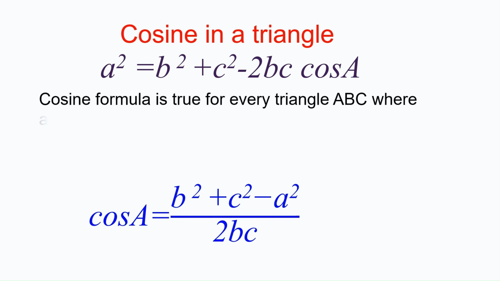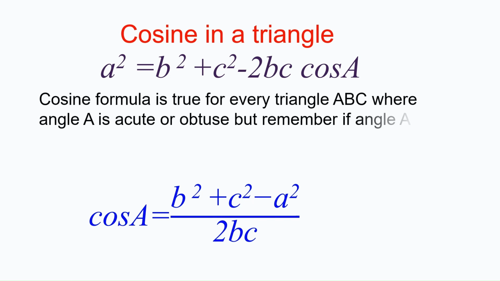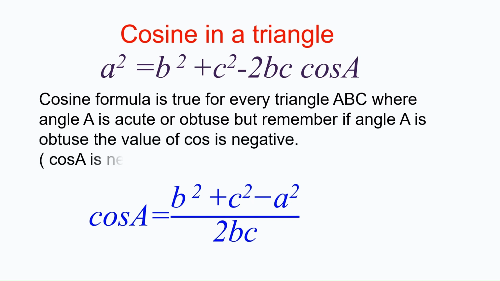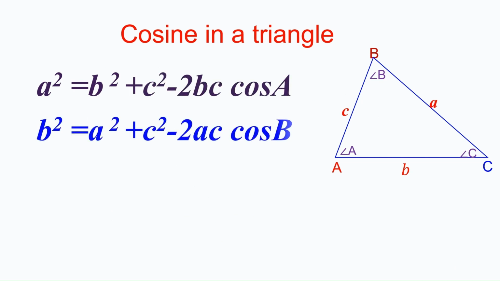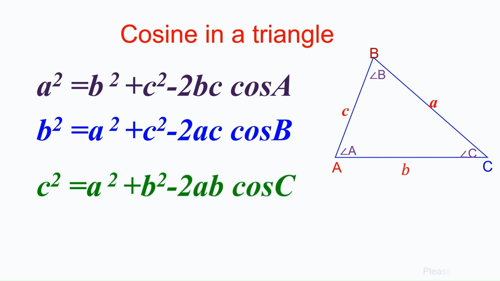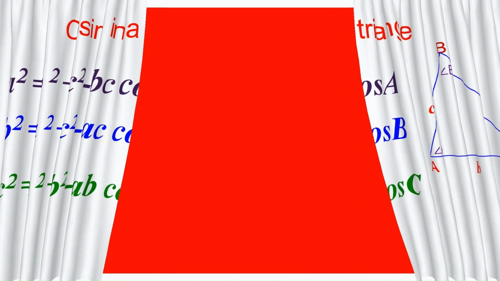The cosine formula is true for every triangle ABC, whether angle A is acute or obtuse. But remember, if angle A is obtuse, the value of cos is negative. Here is a summary for cosine of all angles of the triangle. a squared equals b squared plus c squared minus 2 times b multiplied by c and cosine of A. And so on.